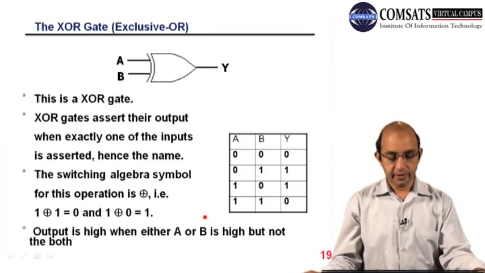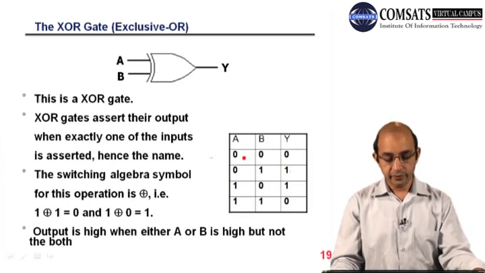Then we have another logic gate, that is XOR. You can see that if either A or B is high, we have a high output. We have a 0 whenever both the inputs are the same, so 0 0, 1 1.